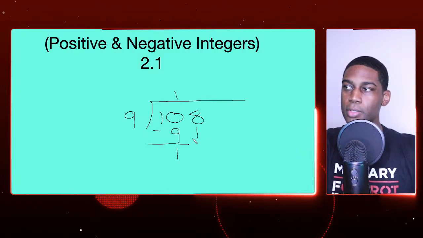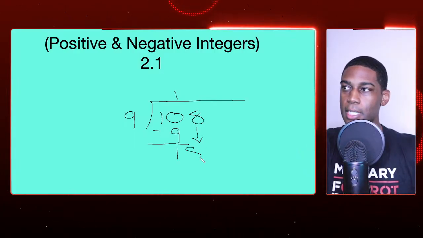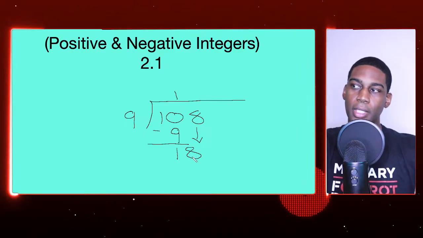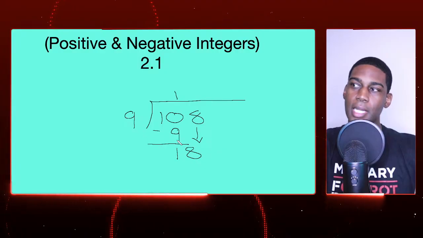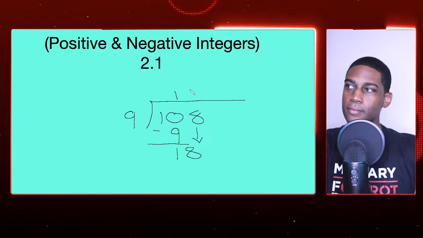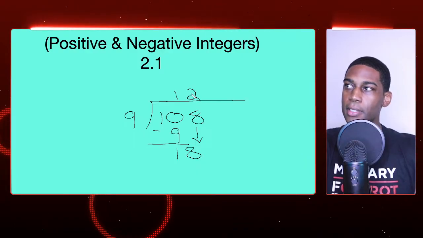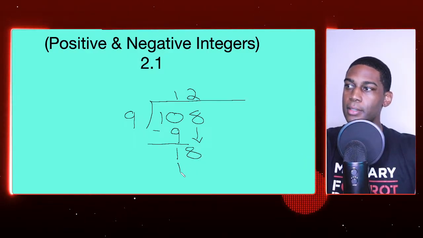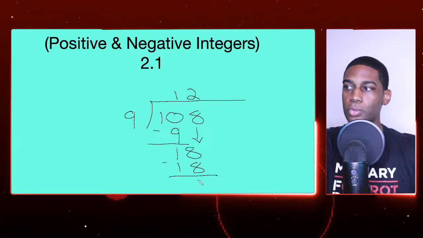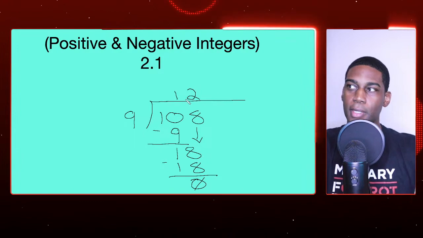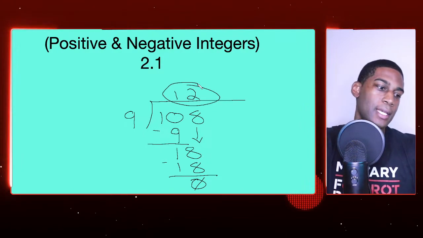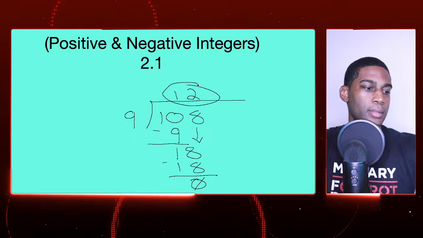This 8 is going to drop down, all right, down here at the bottom. How many times does 9 fit into 18? Or 9 times what equals 18? The answer is 2. All right, 2 times 9 is 18. And then when we subtract these two numbers, we get 0. That's how we know we're finished. All right, so the answer, 108 divided by 9, is going to be 12.